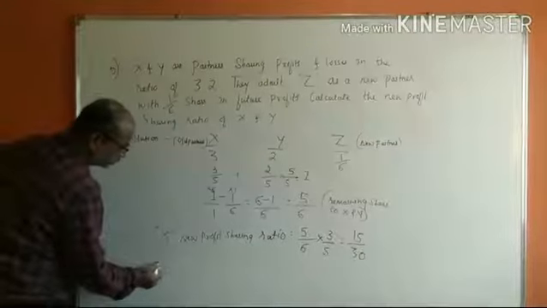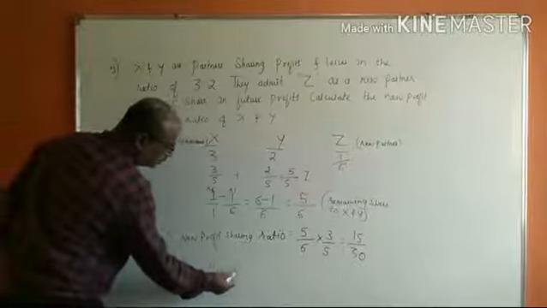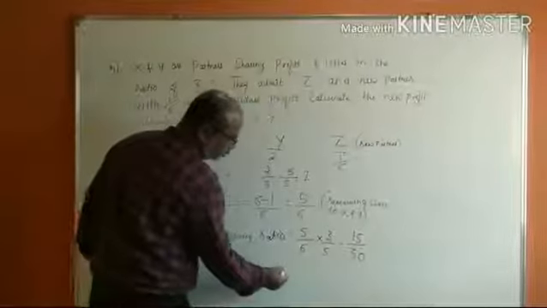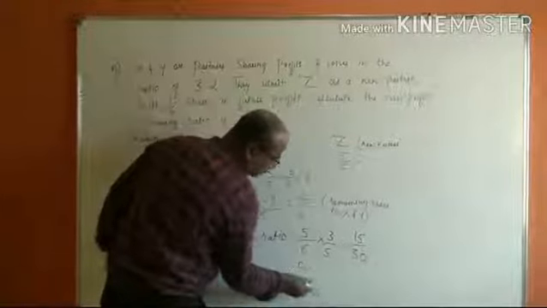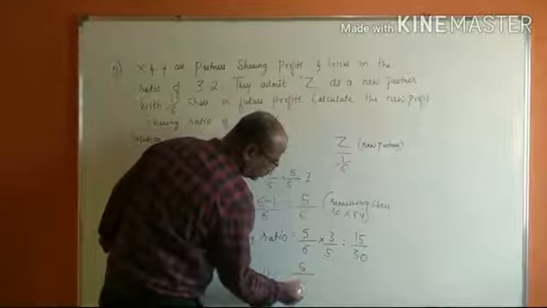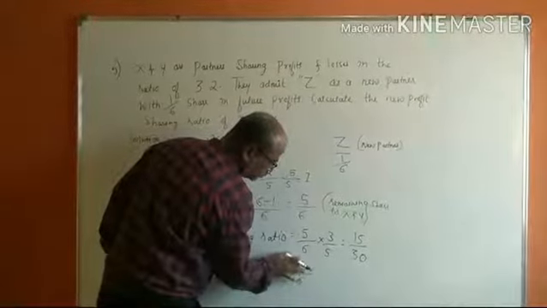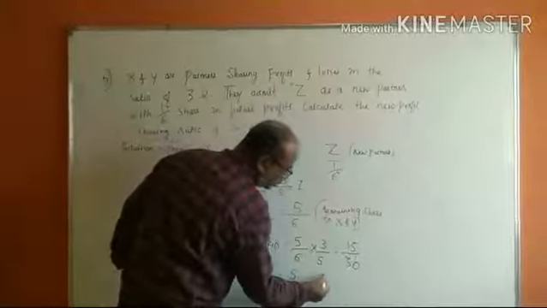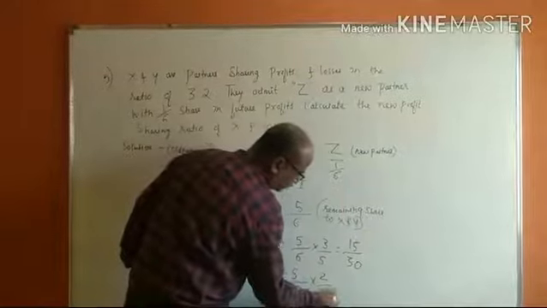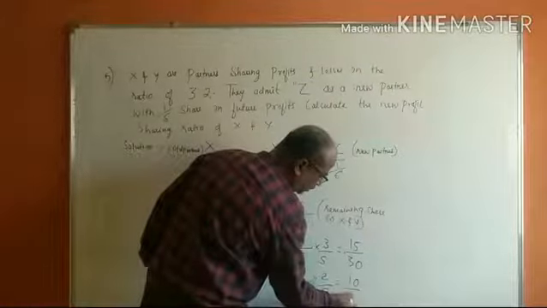Y's new profit sharing ratio: remaining share is 5/6 into his old share 2/5, equal to 10/30.